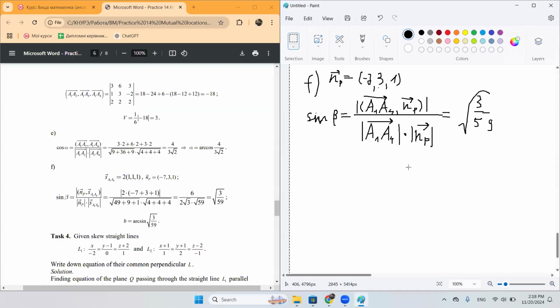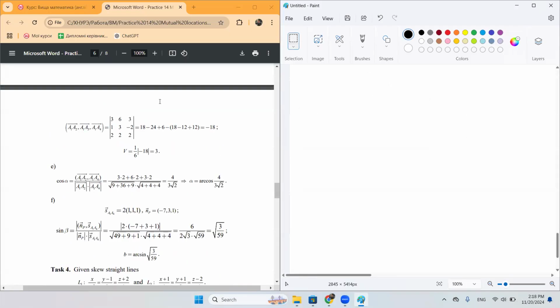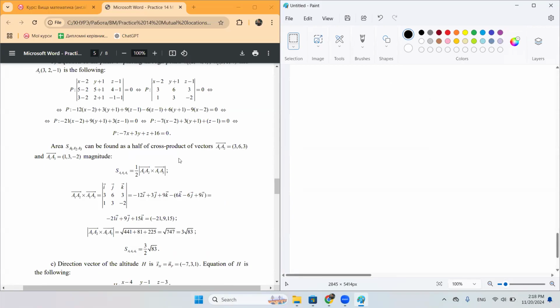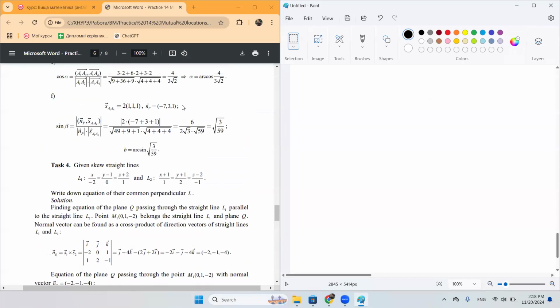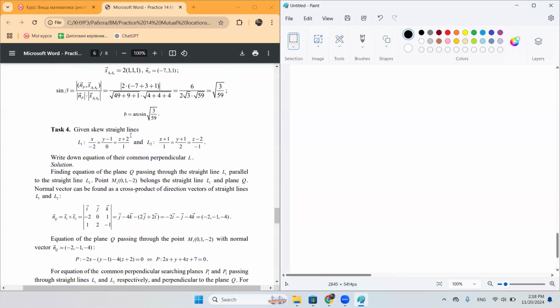Let's continue. So the next task: we have two skew straight lines, L1 and L2, and we need to write down the equation of their common perpendicular.